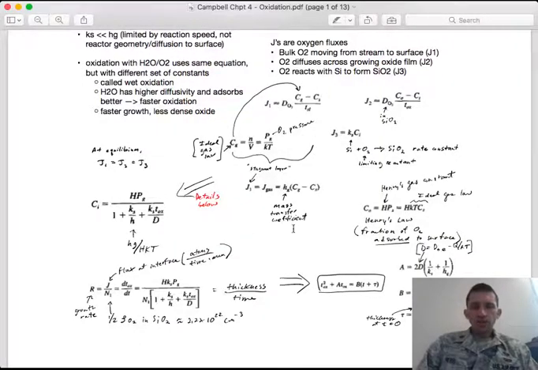Typically, what is done instead is to use this convection expression here, where you have this stagnation layer and what they call a mass transfer coefficient across the stagnation layer that's dependent upon the concentration gradient, right? So you still have the concentration gradient, but you're kind of rolling up the thickness of the stagnation layer and the diffusivity into this one constant here. So that gives us a flux for J1.